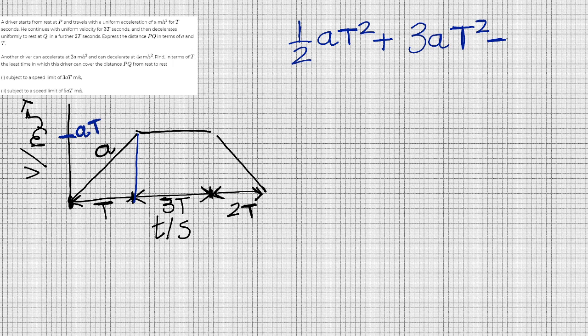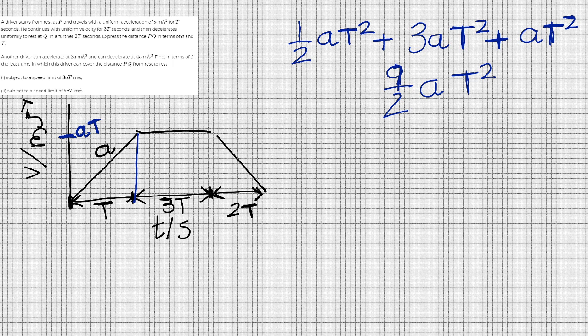And then the last piece, half the base times the height, so that's a half AT squared. So that's 4.5 AT squared, 9 over 2 AT squared. That's a 9, not an A.